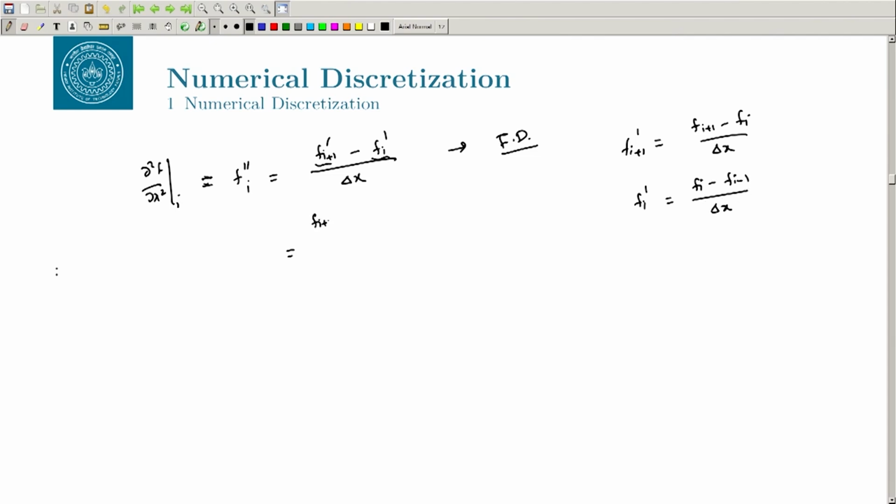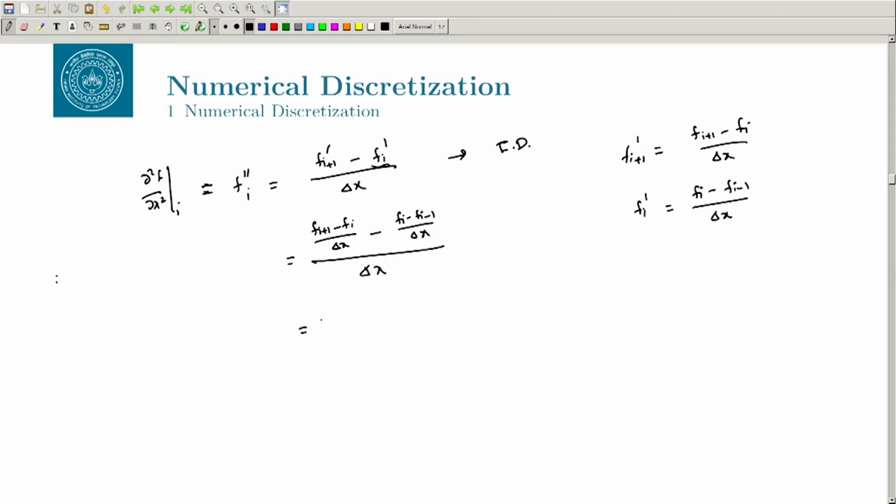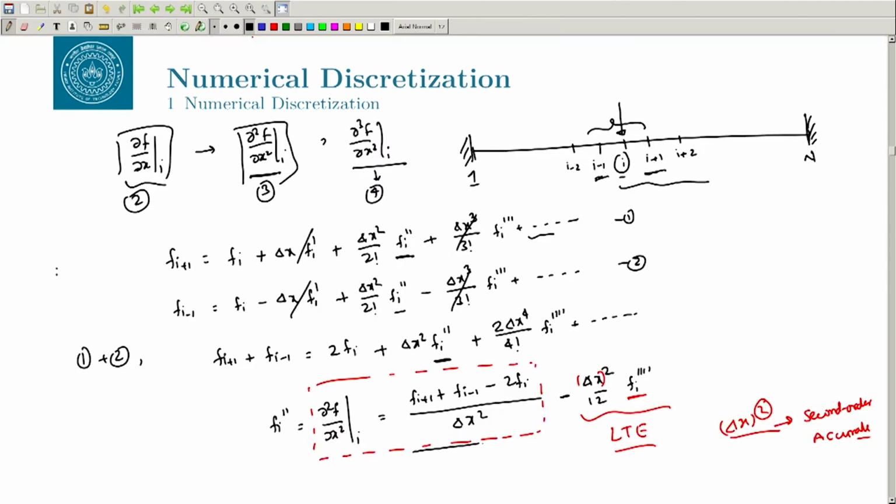So, this will become f I plus 1 minus f I by delta x minus f I minus f I minus 1 by delta x, and this will become f I plus 1 plus f I minus 1 minus 2 f I by delta x square. Okay. So, the same formulation as we have derived earlier, okay, this one.